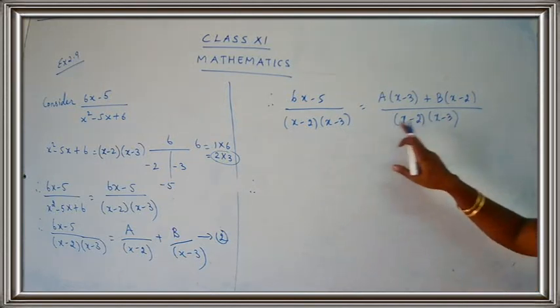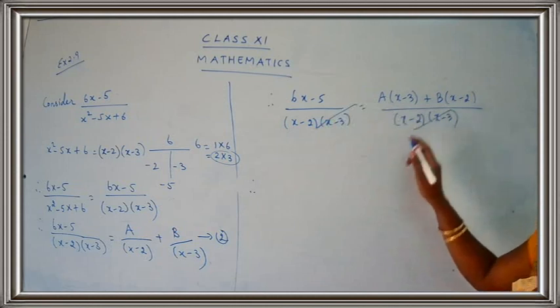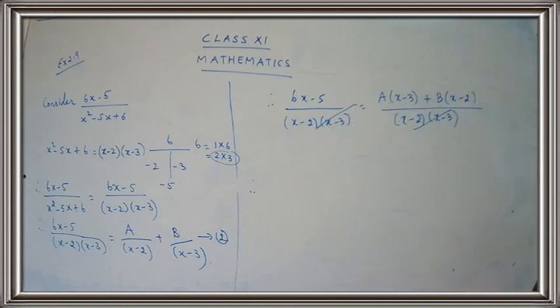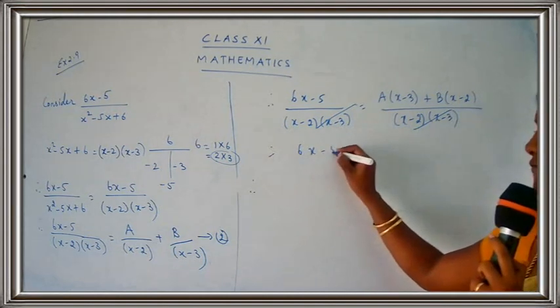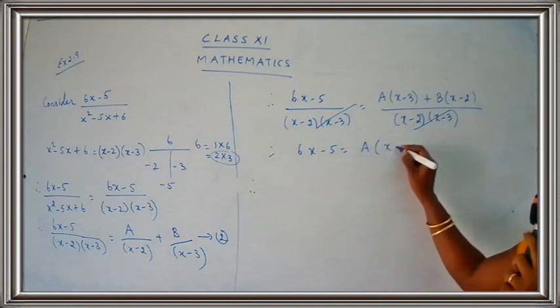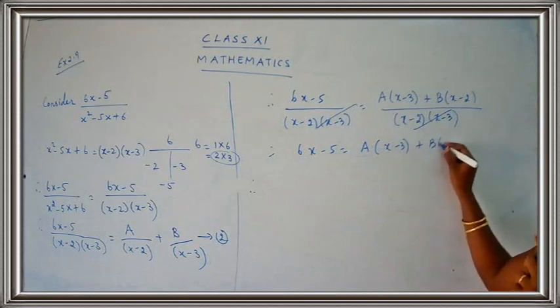So now we have the denominators common, so we can cancel the denominators and take the numerators alone. So I get here 6x − 5 is equal to A(x − 3) + B(x − 2).